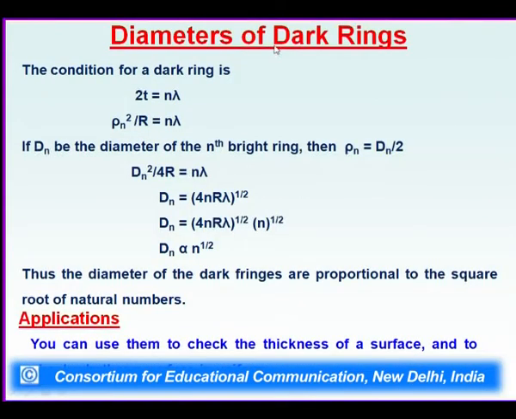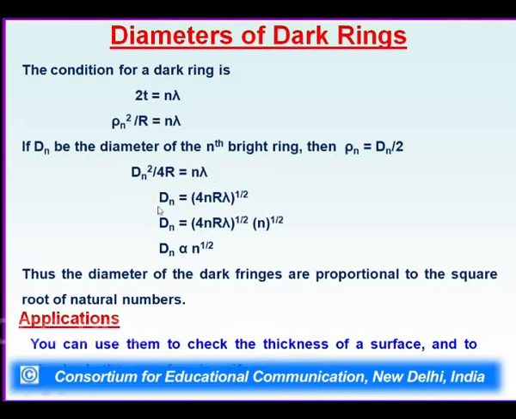Now the diameter for the dark ring. The condition for the dark ring is 2t equal to n lambda. Again putting the value of t already solved, rho n square by r is equal to n lambda. If dn is the diameter of the nth dark ring, then rho n is equal to dn by 2, and here we get dn square divided by 4r is equal to n lambda.